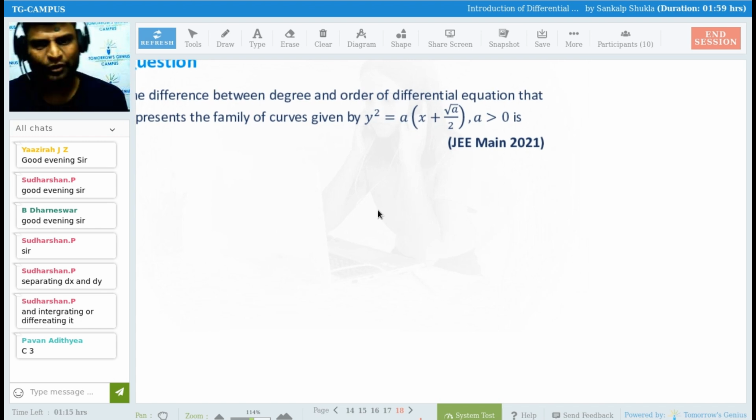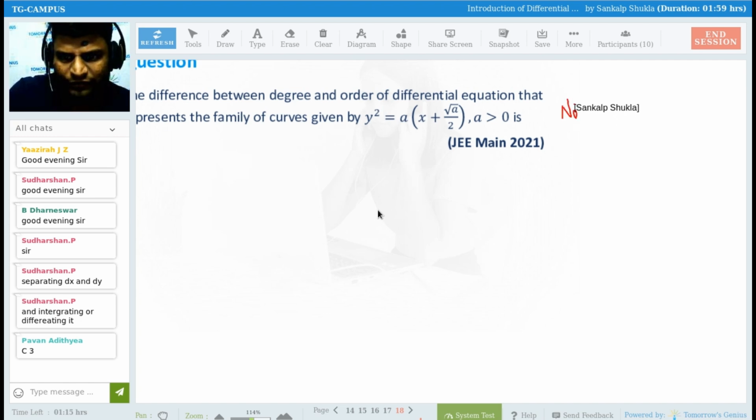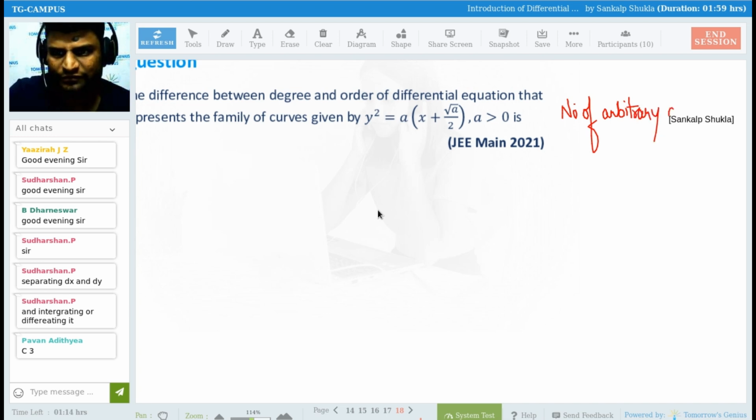The difference between degree and order of a differential equation that represents a family of curves given by y square is equal to ax plus root a by 2. Again, how many constants are there? Number of arbitrary constants is 1.